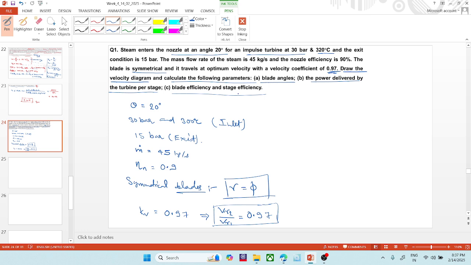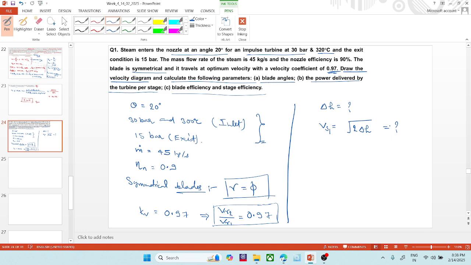So the velocity triangle would be the same as we have seen in the theory. Then we have to determine the Vs. By this inlet and exit conditions, we would be able to calculate the enthalpy drop. Based on that, we can calculate the jet speed at inlet Vs1 is equals to 2 under root delta H. So we will get this value.